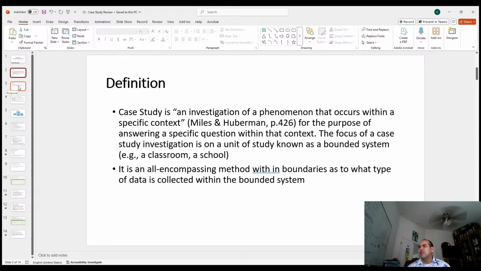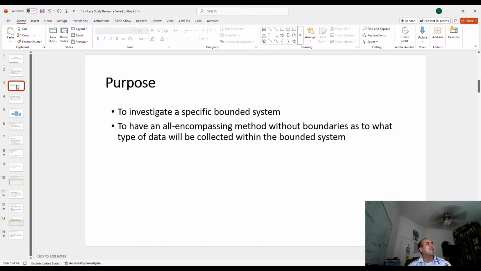There are really no limitations on what type of data you can collect.